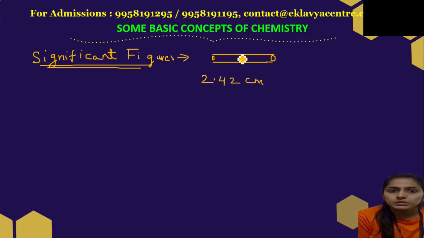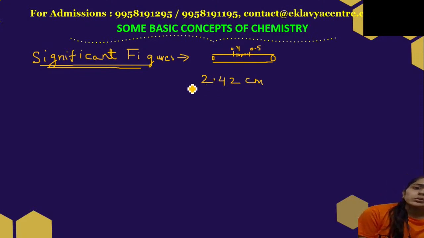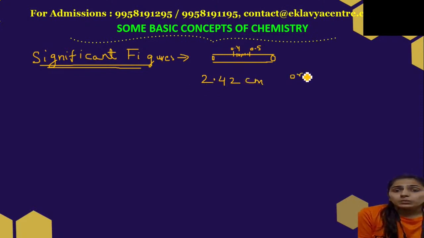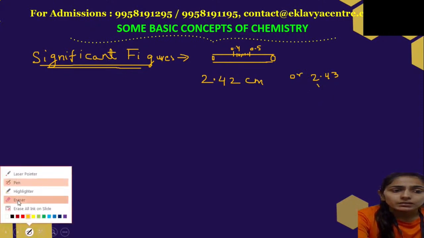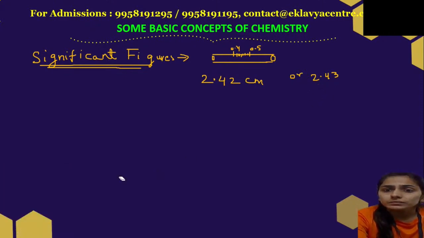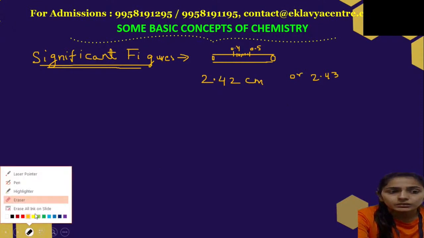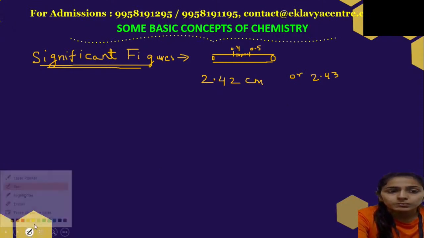Suppose we have 0.4 here and 0.5 here, and in between these 2 values we have 10 small scales. So you have told me that the value is 2.42 centimeter, but it could be 2.43 centimeter also, because the scales are so small that maybe you might have made a mistake. Human error is possible.